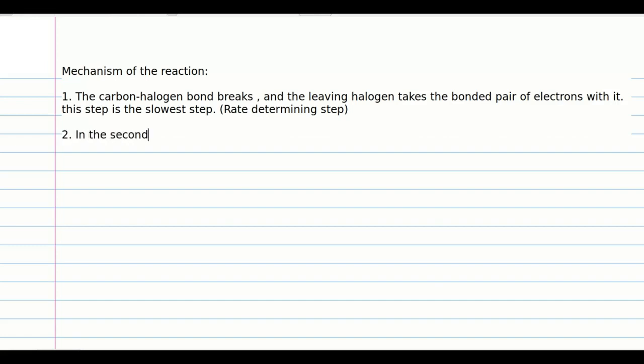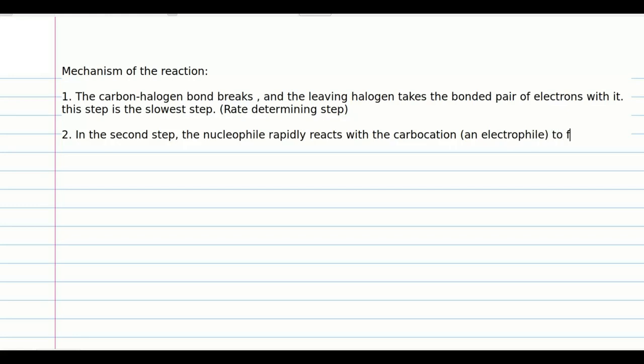In the second step, the nucleophile rapidly reacts with the carbocation, which acts as an electrophile, to form a protonated alcohol.